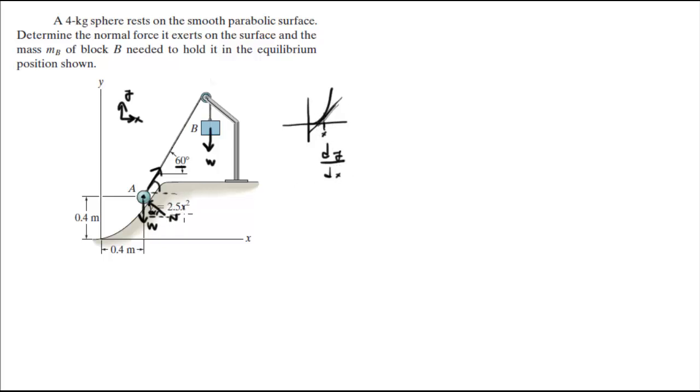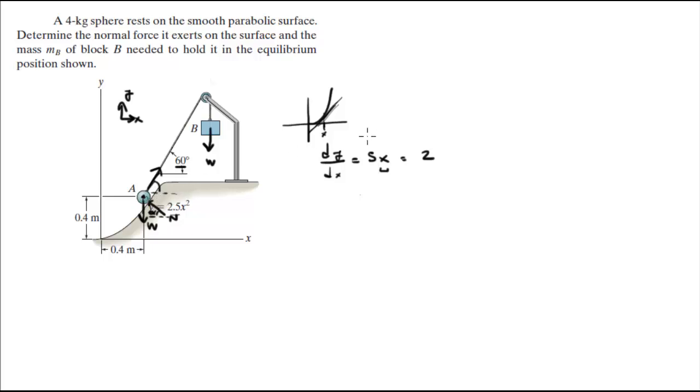So the derivative of 2.5x squared is equal to 5x, right? And you know that the sphere intersects this slope at 0.4 meters. So dy/dx at 0.4, you just replace 0.4 for the x, and you get that it is equal to 2.